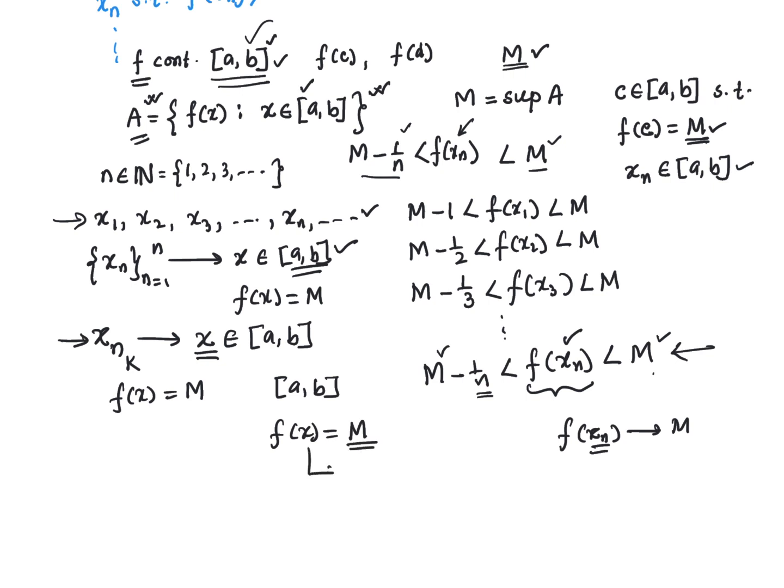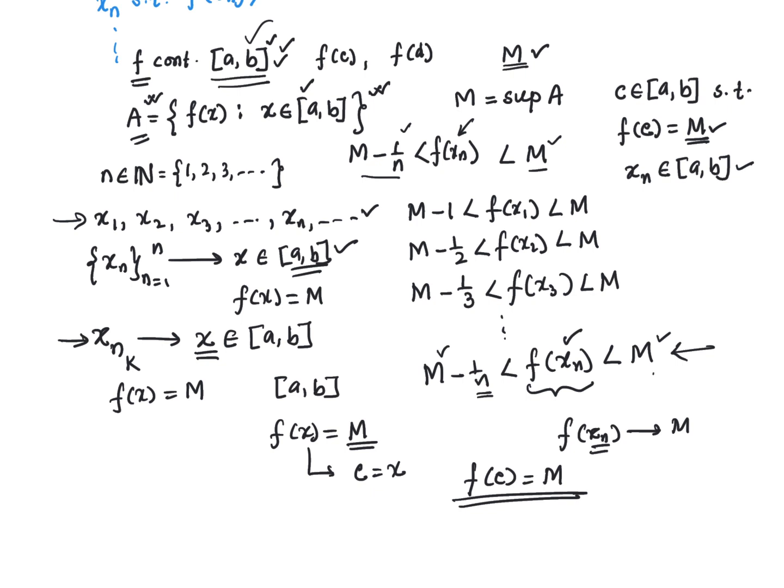Now this x, I just gave it a name, c, so that x is equal to c, which means f of c is equal to M. So that's the maximum value, and we found such a value in the closed interval [a, b].